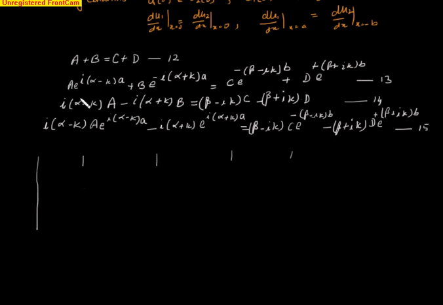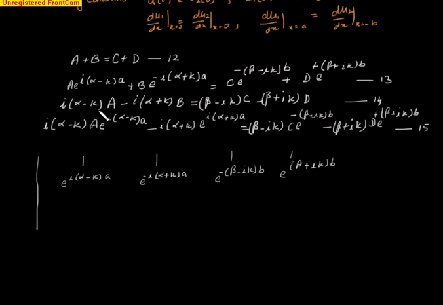Then the coefficients of a, b, c, d in the 13th equation: we can write e raised to iota (alpha minus k) times a, this is the coefficient of a. Then the coefficient of b is e raised to minus iota (alpha plus k) times a. Then the coefficient of c is e raised to minus (beta minus iota k) times b. And the coefficient of d is e raised to (beta plus iota k) times b. So this is the coefficient of d here.